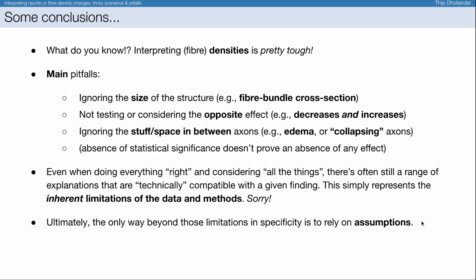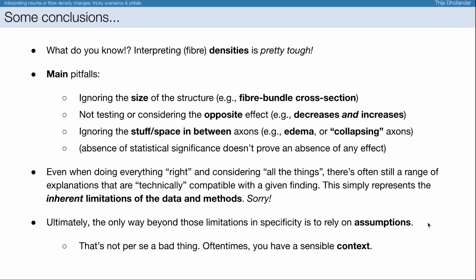That's what you typically do if you need more specificity. You make some assumptions. And that's not per se a bad thing, because oftentimes you do have a sensible context. If you hypothesize that inflammation might happen, and you find that the density goes down, but the cross-section goes up, then you've got your explanation right there. You can use this information, of course.